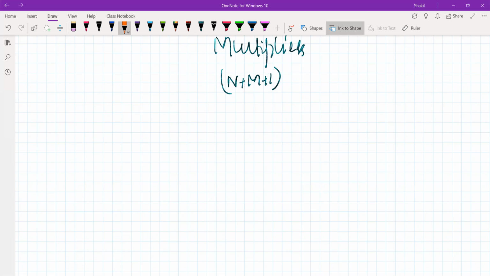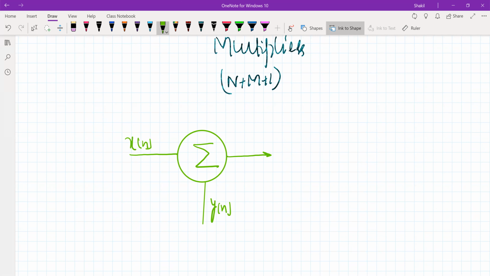Now the third component that is used here is the summer. And how do we denote a summer? We say summer is denoted by this, and we use this symbol. This is a summer, and let's suppose the input to this is this and this, and suppose in time domain the input is x of n and y of n, the output will be x of n plus y of n.